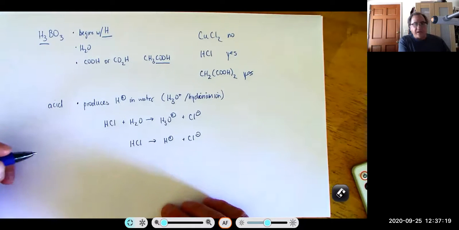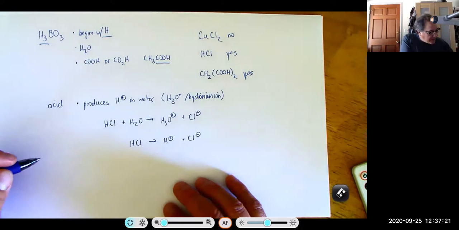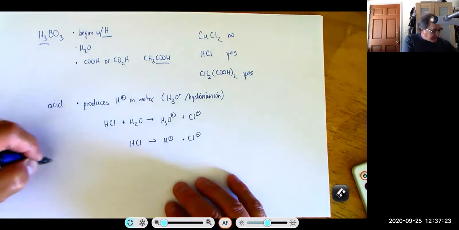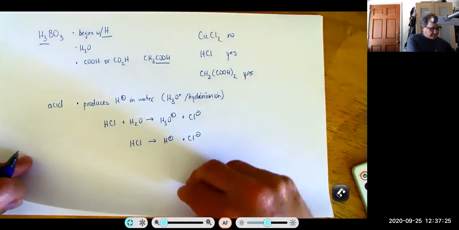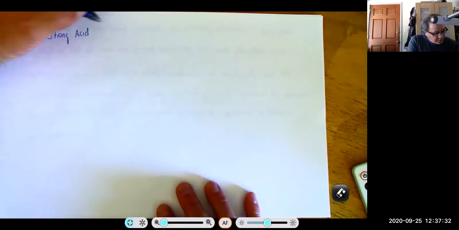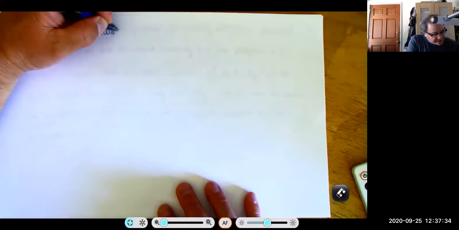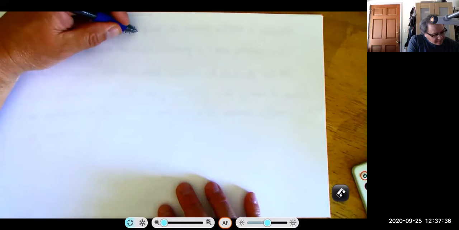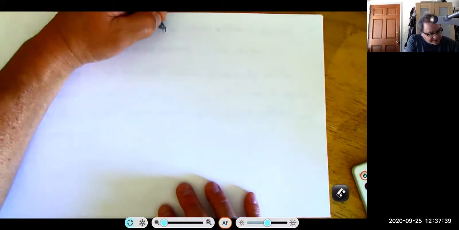Now, some acids are weak acids. So we've got strong and weak acids. Let's take a look at those again. 100% ionization. HCl is an example of that.